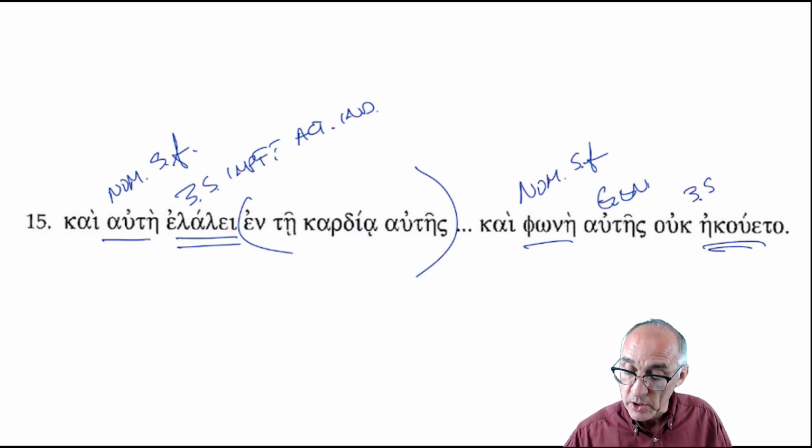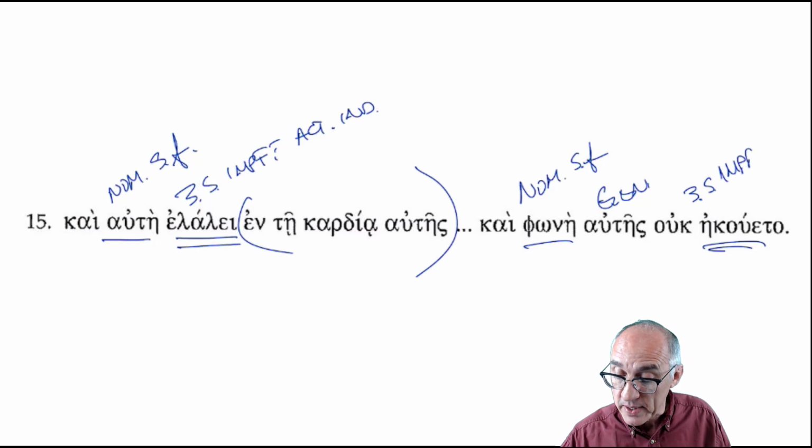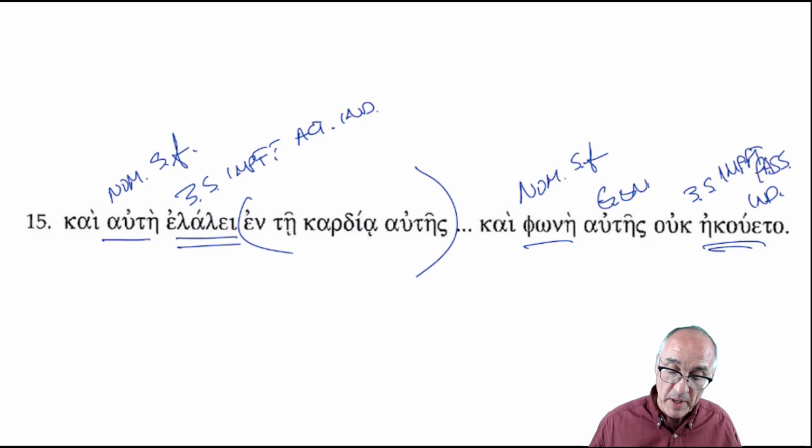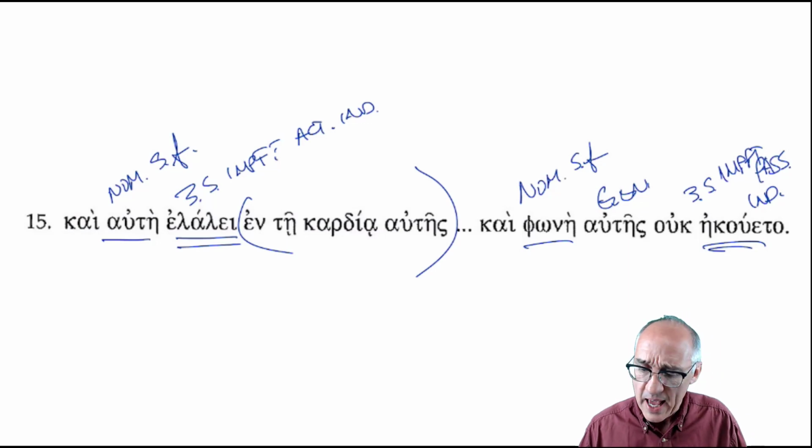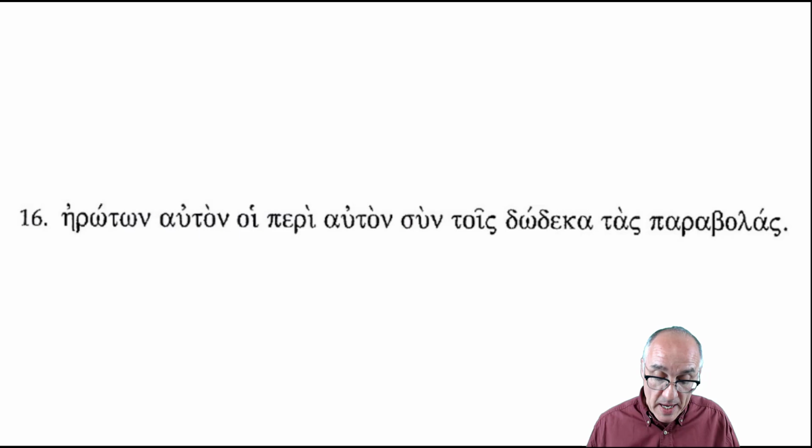Third person singular. This is your passive, the imperfect passive indicative, and her voice was not being heard. And she was speaking ente cardia, in the heart of her, in her heart, and her voice was not being heard. 16.